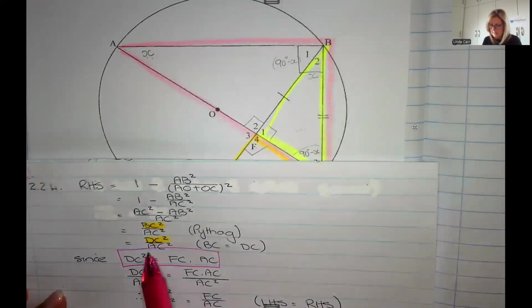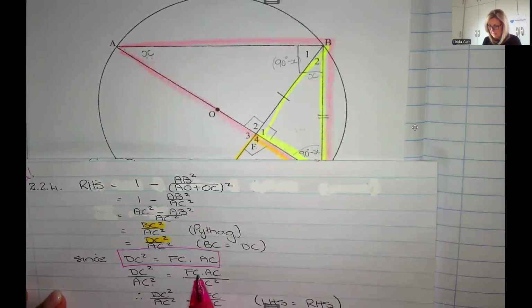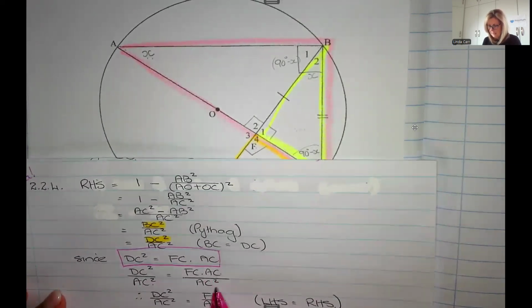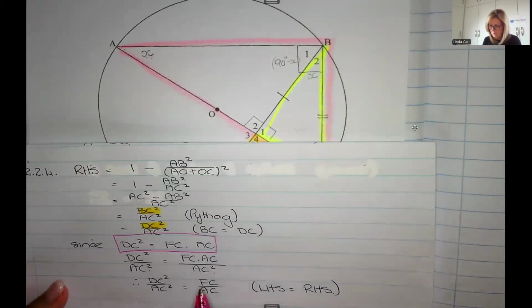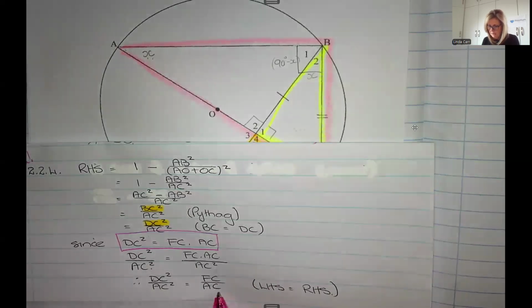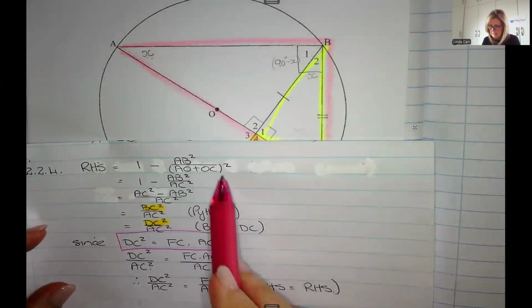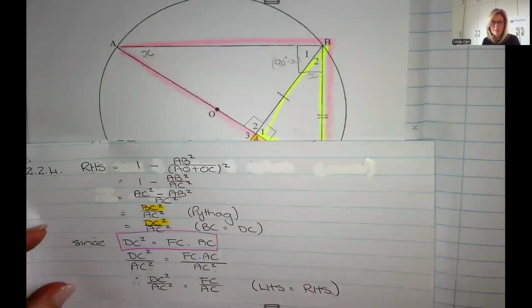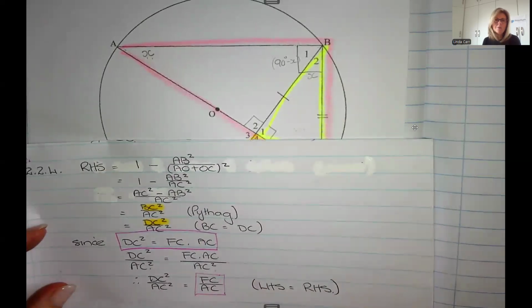So DC squared over AC squared could be written as FC times AC over AC squared, and therefore it becomes FC over AC. So what have I proved? I've proved that the right-hand side, the messy one, can be reduced all the way to FC over AC.